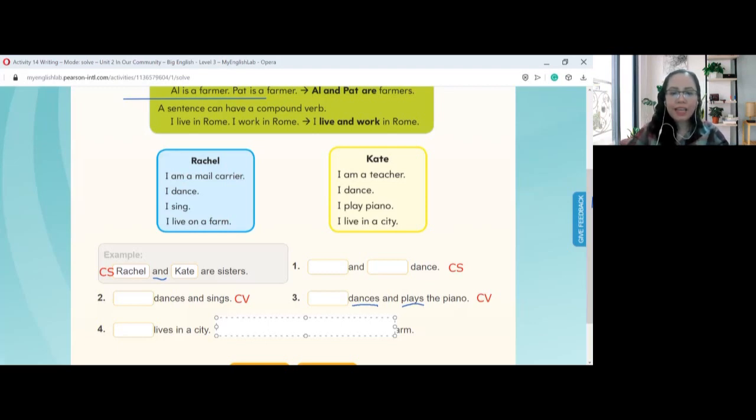Sepertinya ini bukan kalimat majemuk ya. Okay, this is a common sentence. What do you want to feel? Rahel or Kate? It's up to you, yeah. After you read the short infos here, yeah, in the box, in the two boxes. The same with number 5.